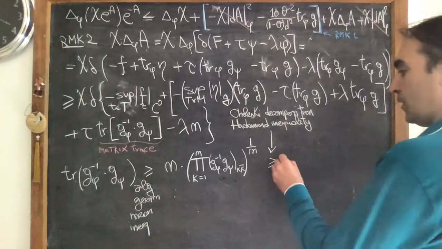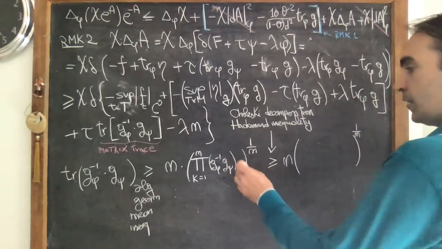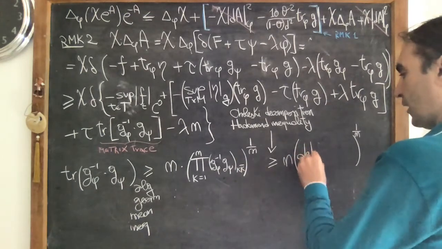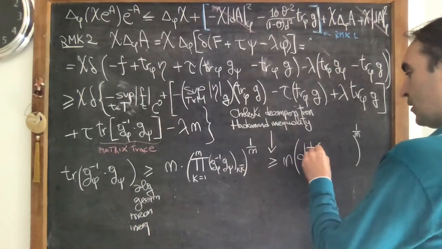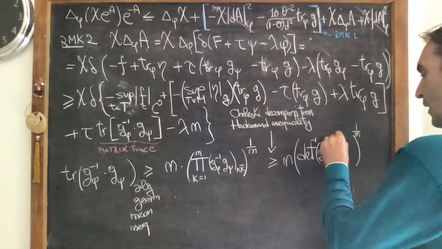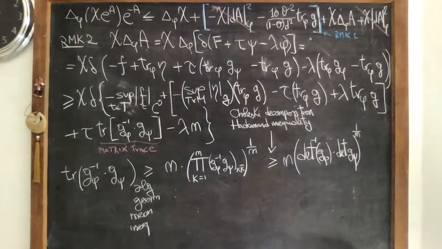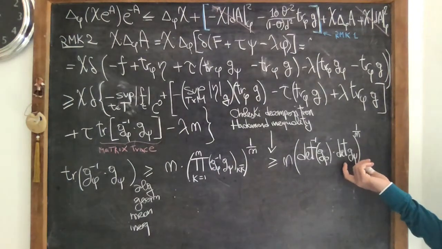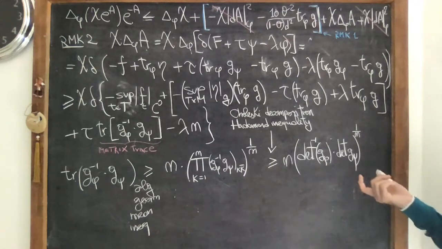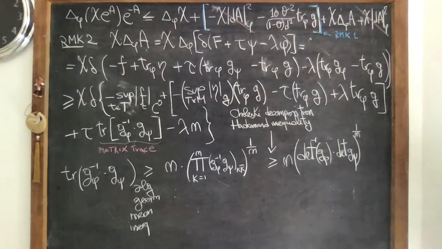So here, instead of the product of the elements on the diagonal, we can have the determinant of g phi to the minus 1 times the determinant of g psi. What did we gain with this estimate? We gained the fact that the determinant of g psi is prescribed by the structure of the barrier function psi.